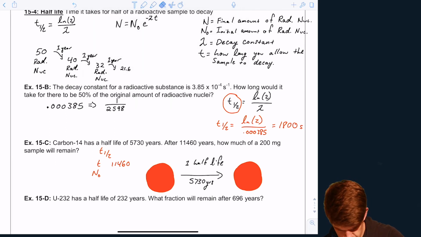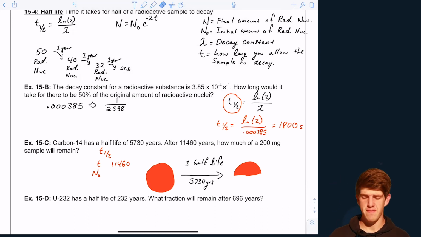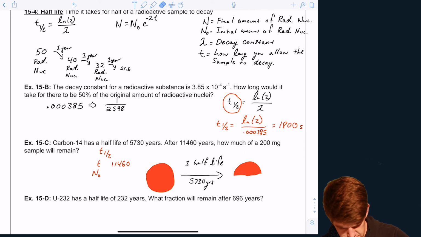Makes a lot of sense. Let's say that's half. So what happens after the next half-life? Well, I'll take that same amount that's remaining, and I'll cut that in half.